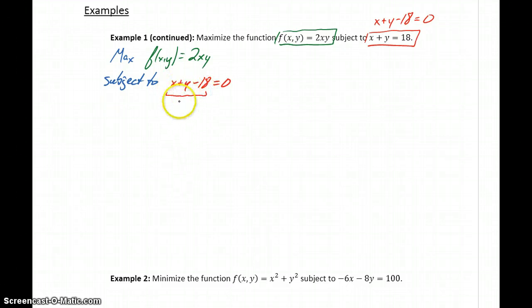Where again, the left-hand side of this equation, x plus y minus 18, is our expression g of x, y.